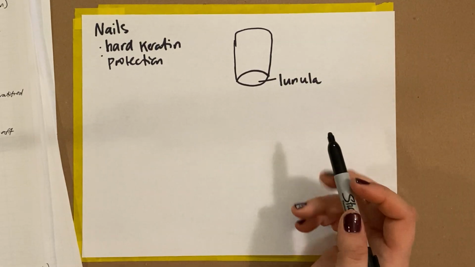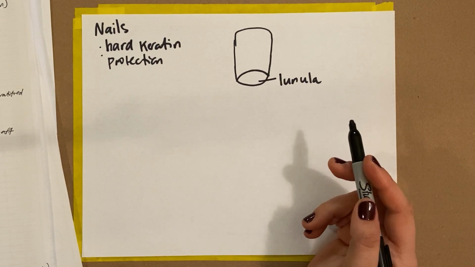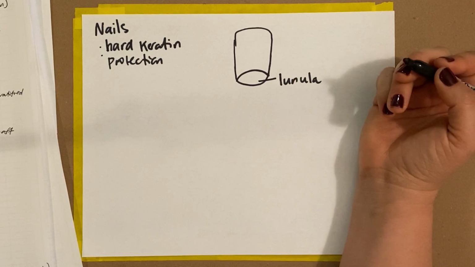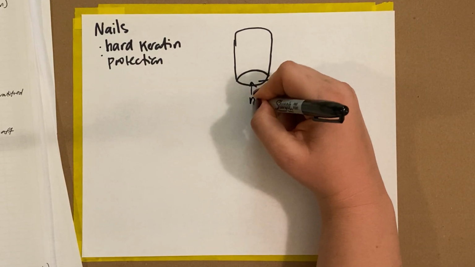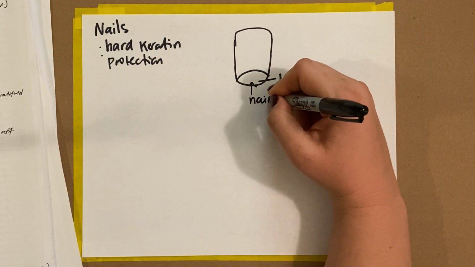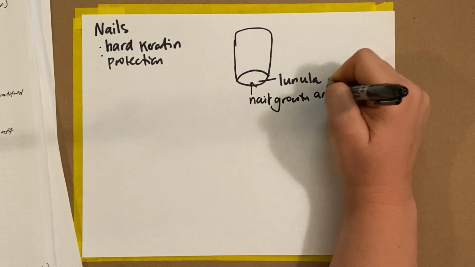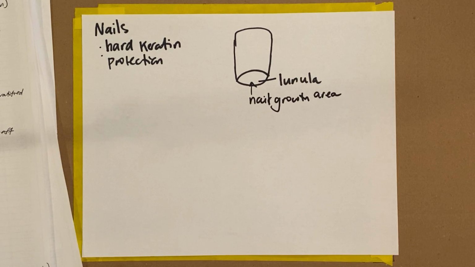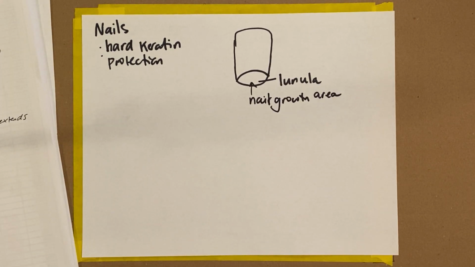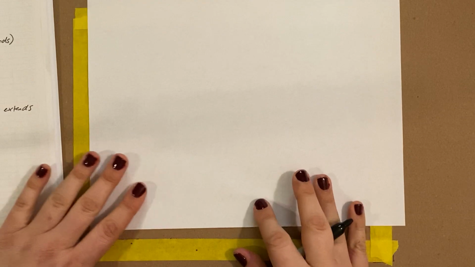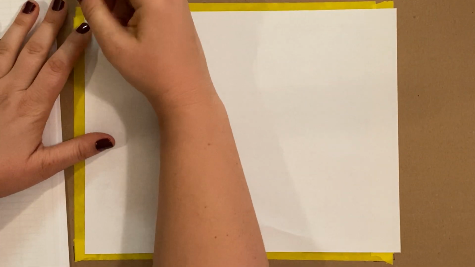But the lunula actually sits on the area that's going to be the nail growth area. Not much more to say about that. Another structure that we'll talk about are glands. So we have sweat glands.